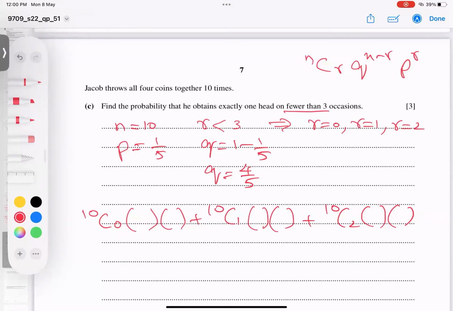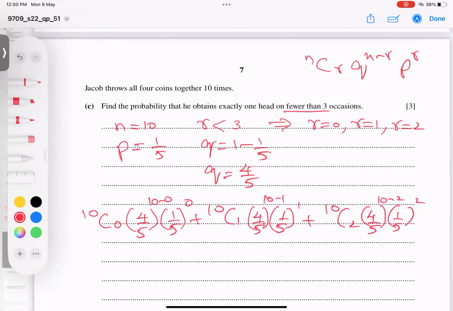Okay, what is the power here? The 10 and 0 subtract. 10 minus 0 here, 10 minus 1 here, 10 minus 2 here. And Q value is 4/5. P value here 1 by 5. So first bracket 4/5, second bracket 1 by 5.